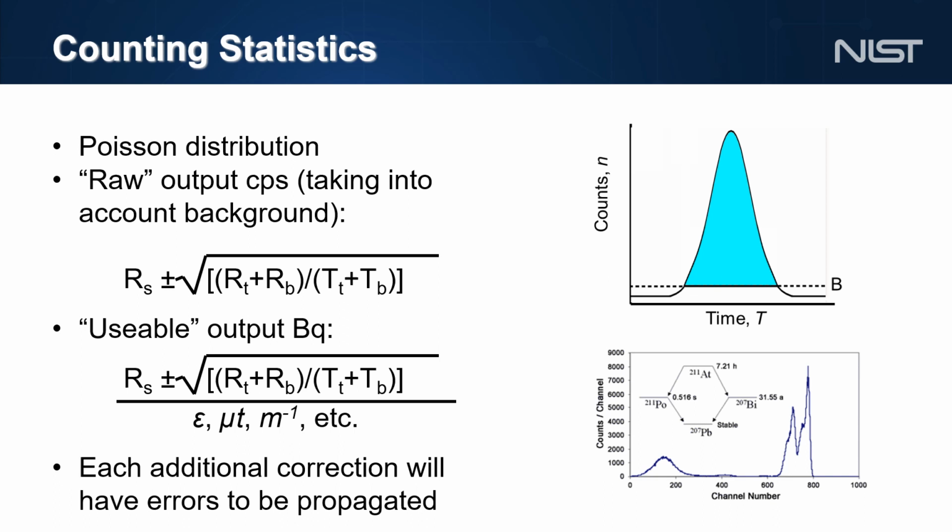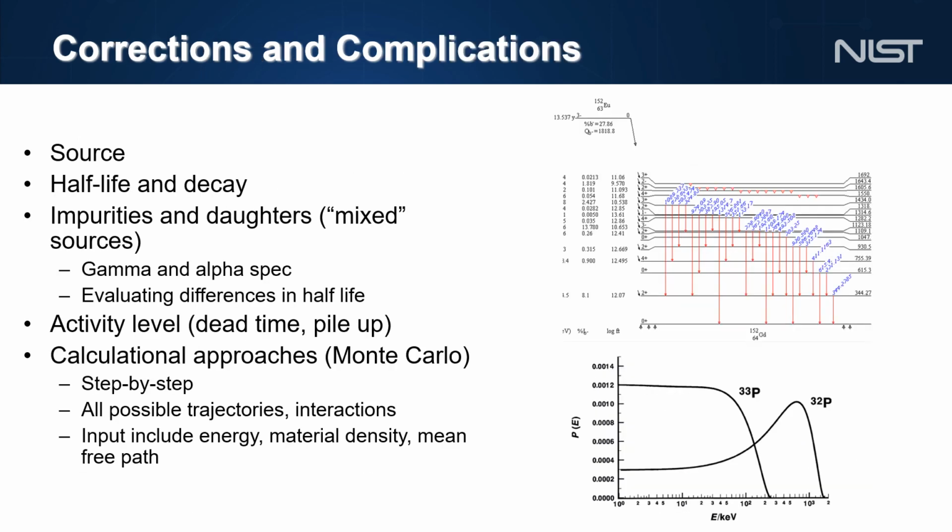Corrections and their uncertainties, such as detector efficiency, self-absorption, and sample density, are applied to the count rate to yield the activity in units of per second, or becquerel. In case you're already aware of the older unit, the curie, note that 1 curie is equal to 3.7 times 10 to the 10 becquerel. No matter what methods are used, certain corrections and issues need to be considered.